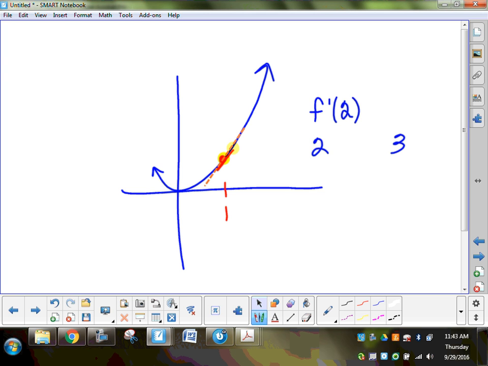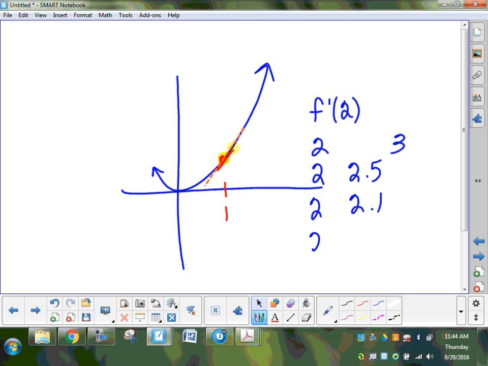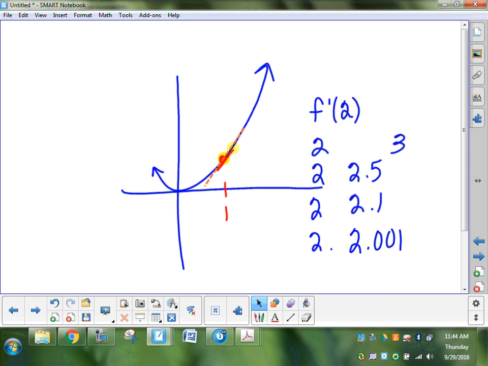We keep tightening that up, so then I take it at 2 and maybe 2.5, 2 and 2.1, or then taking it at 2 and 2.001. See how with each of those iterations, the points keep getting closer and closer together.